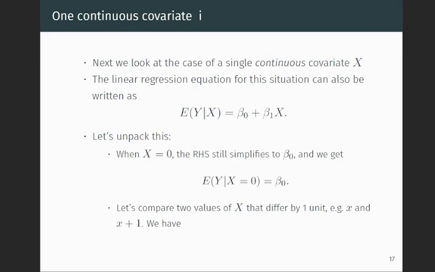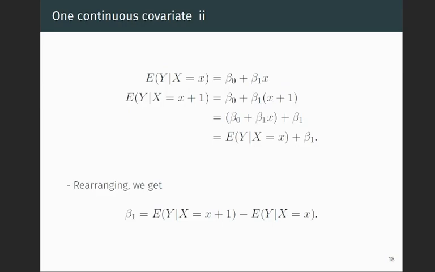We'll compare two values of X that differ by 1 unit. So we're going to look at X is equal to little x, and X is equal to little x plus 1. If we do this, we have the following. First of all, at little x, we get the expected value is equal to beta 0 plus beta 1 x.